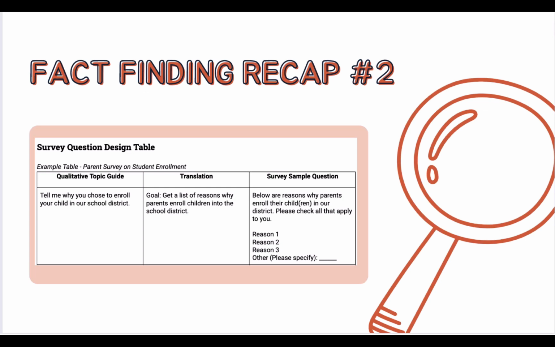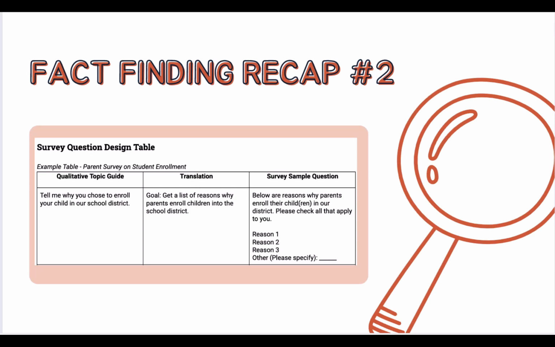So overall, the facilitation guide is the same as the survey question design table that we worked on last time, and you can see a screenshot of it on the screen. And that template or document is also linked in the speaker's notes for your reference.